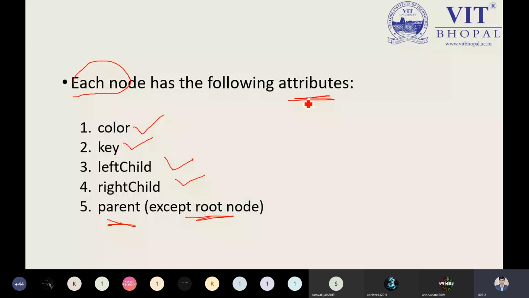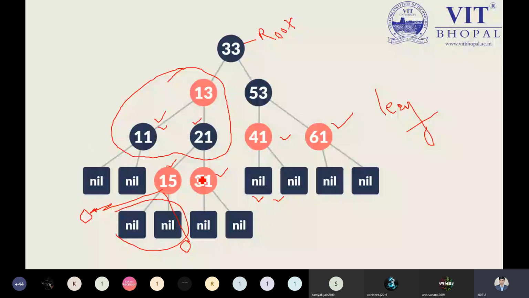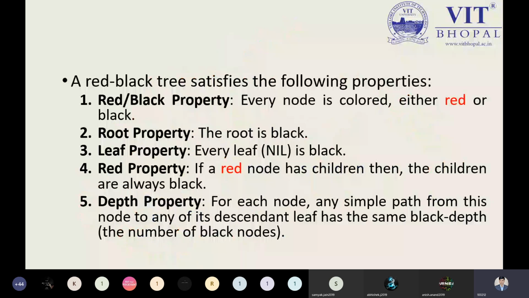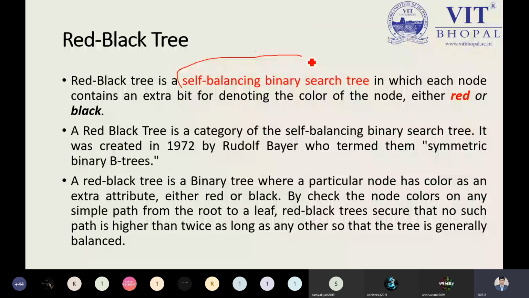While managing all the attributes, you need to keep in mind whether this tree is balanced or not. I am saying once again, I have added the 15, and suppose I am adding the 7 or 8 after the 15, but is the tree balanced or not? While balancing, keep in mind what I have written here: a red black tree is a self-balancing binary search tree.